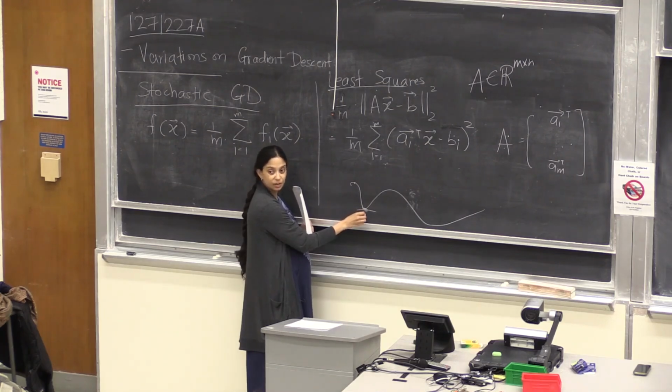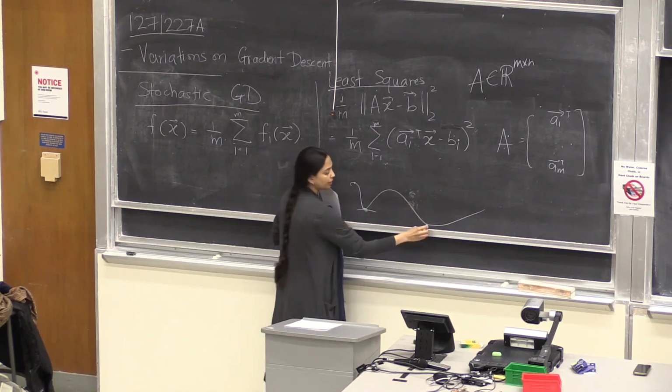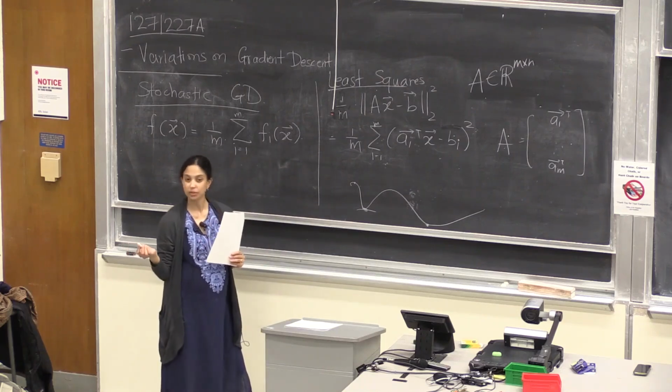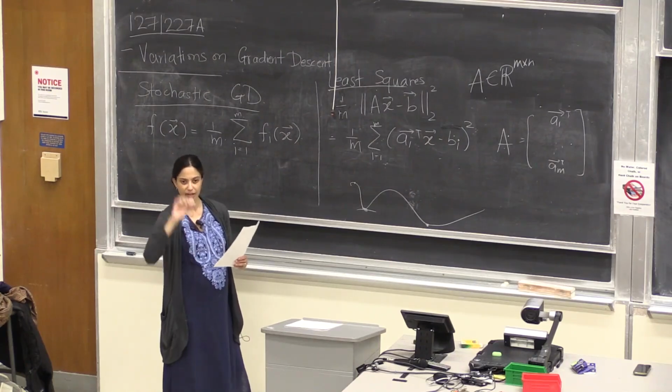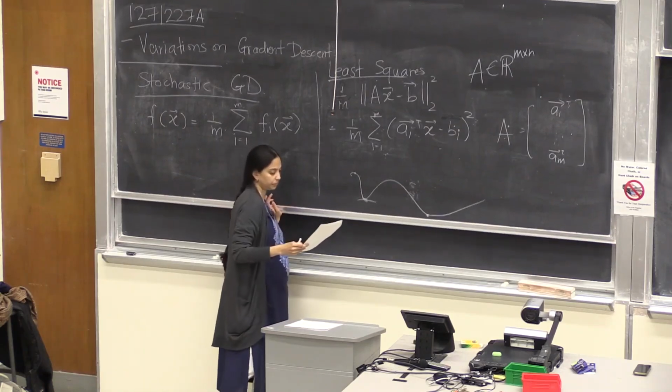But if instead you approximately did gradient descent but added noise, then you might bounce around to other places and you might be more likely to find something that is closer to a global minimizer. So these are some advantages of using a technique like stochastic gradient descent. Is that part clear to everyone? Yeah? Okay, good.